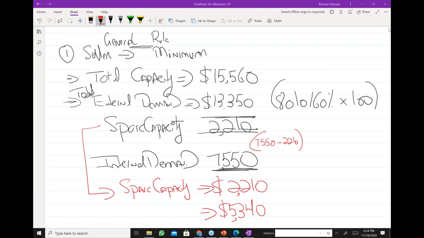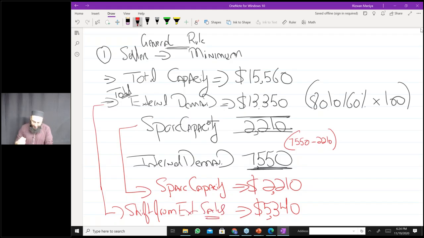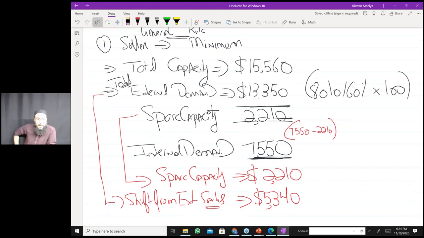So how will I fulfill this? I will fulfill this by shifting from external sales. I will compromise my external sales and will fulfill internal sales. Agreed? Say yes. This is the only option I have, to shift from external sales. Agreed?